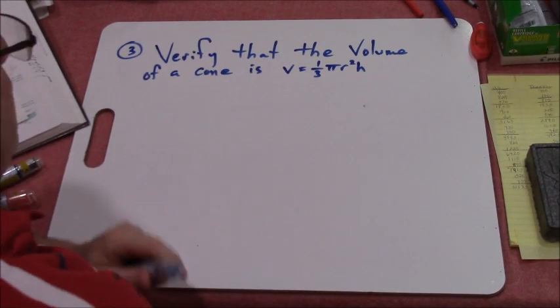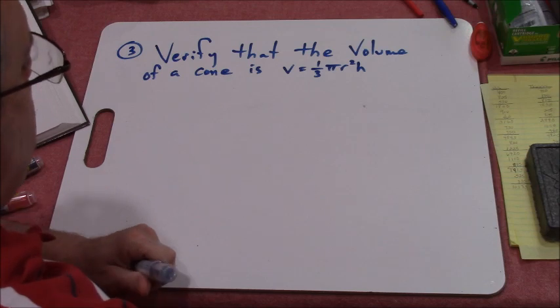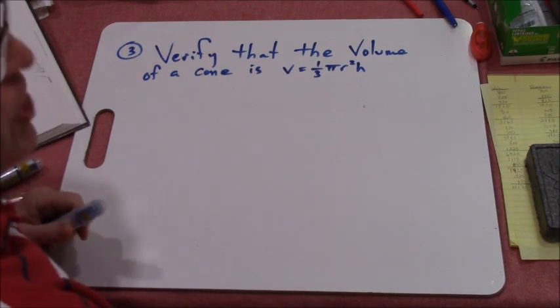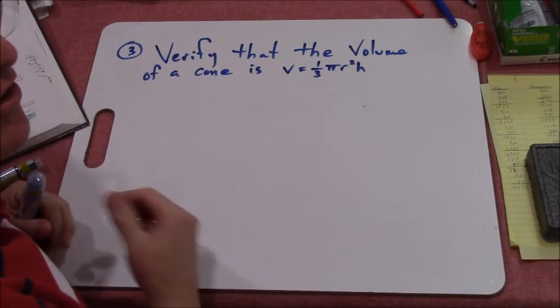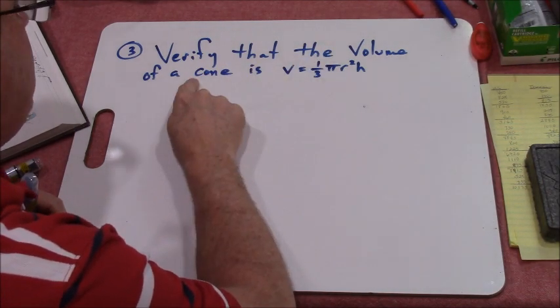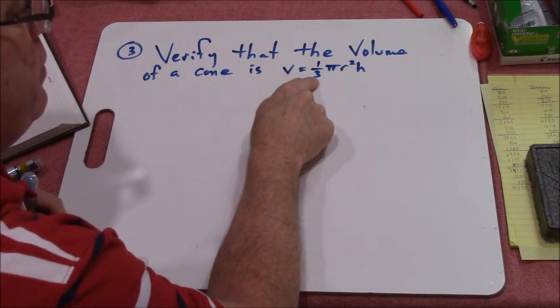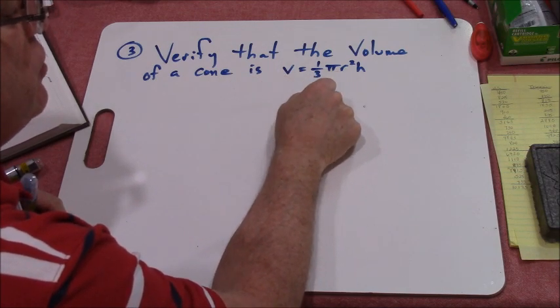All right, so we've got one more problem here to look at. I'm not going to lie, this one's going to be a little more challenging, but I think it's a good one to look at. They want us to verify that the volume of a cone is volume equals 1/3 pi r squared times h.